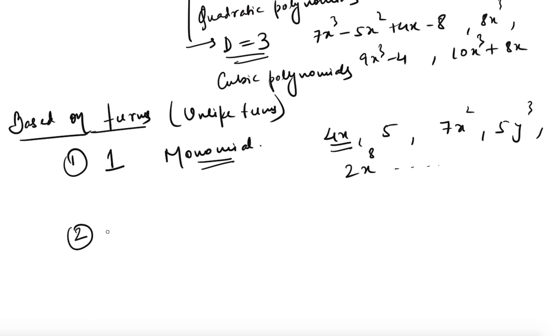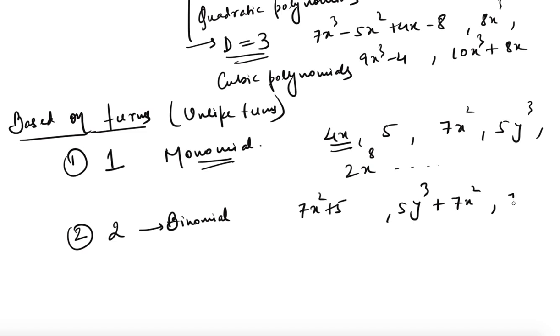Second thing, if there are two unlike terms in a polynomial, it is known as a binomial. For example, 7x square plus 5, 5y cube plus 7x square, 7x plus 8y to the power of 8.